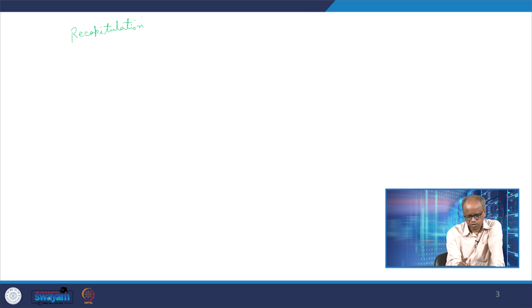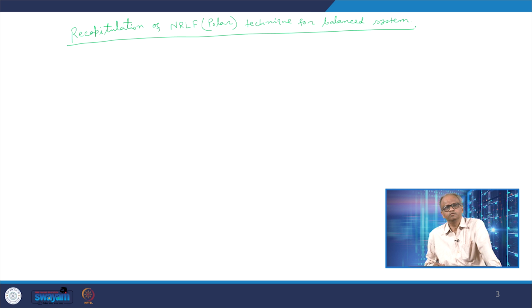So, recapitulation of the NRLF polar technique for balanced system. We will simply do the recapitulation, and using that concept we will straight away solve our equations.